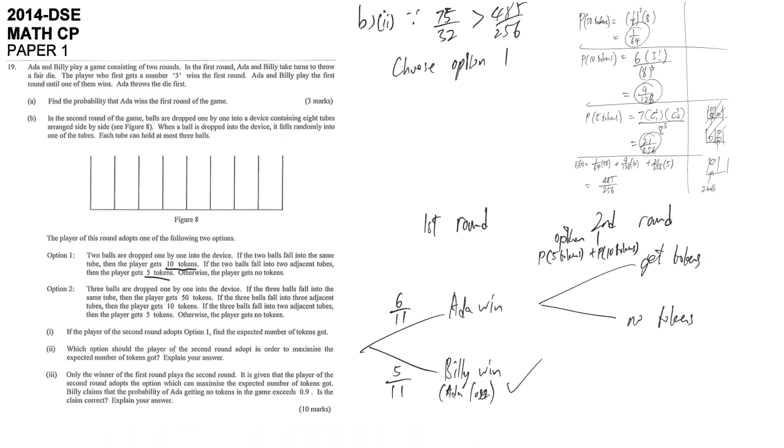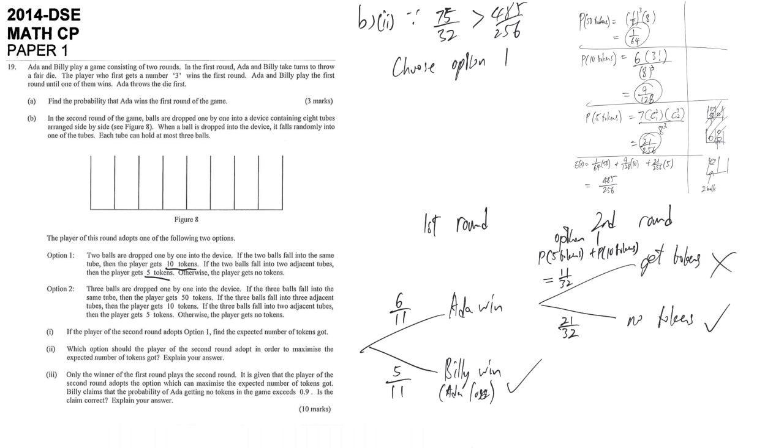Then we just use the values that we have: 1/8 plus 7/32. That means 11/32. From another point of view, that means 21/32 do not get any tokens.